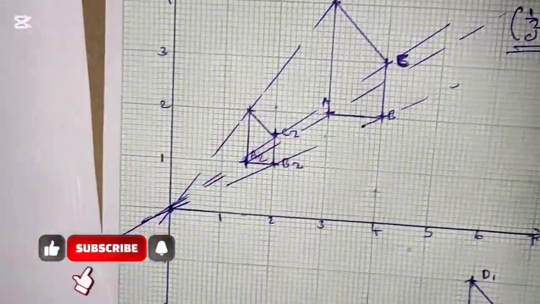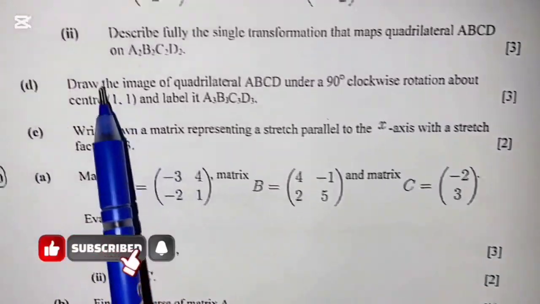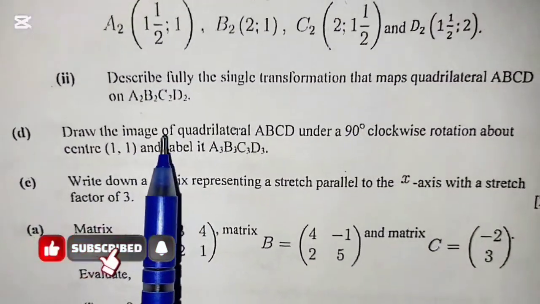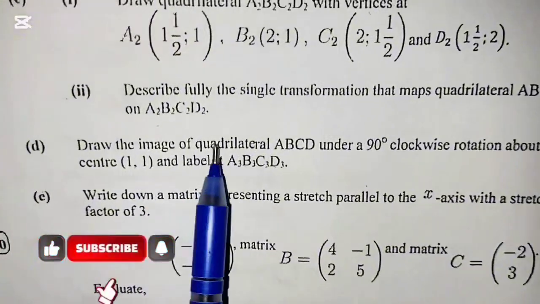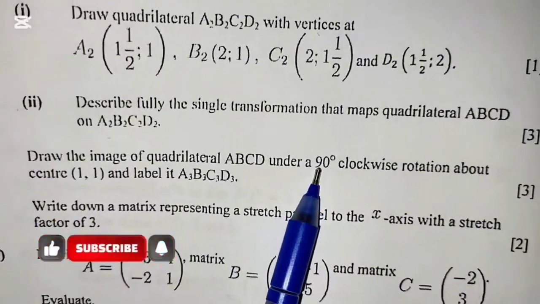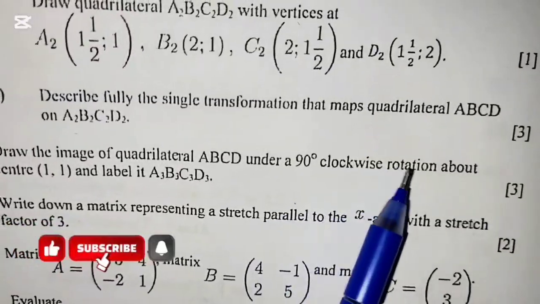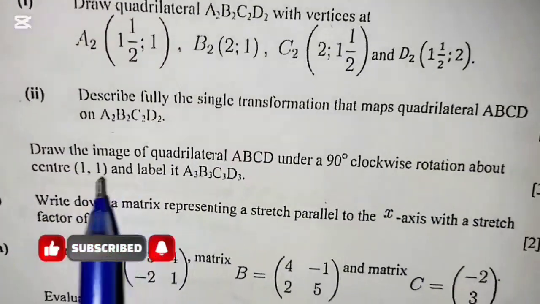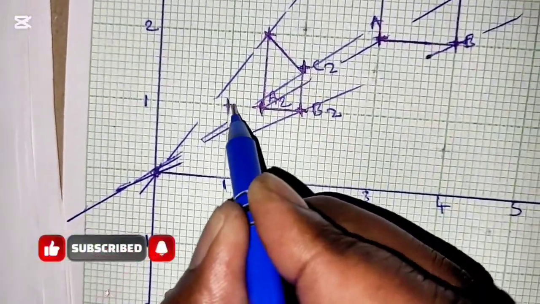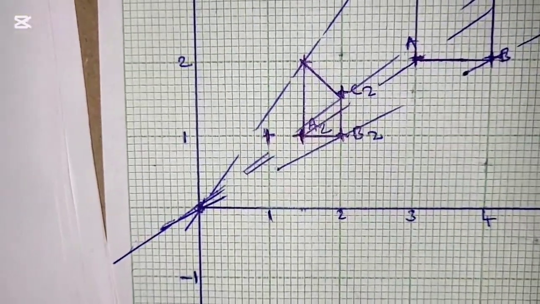Okay. The other part says draw the image of quadrilateral ABCD under a 90 degrees clockwise rotation about center 1, 1. Center 1, 1, that's here.